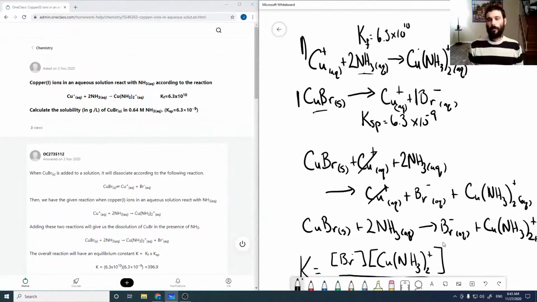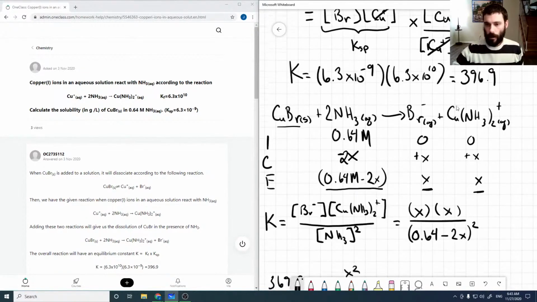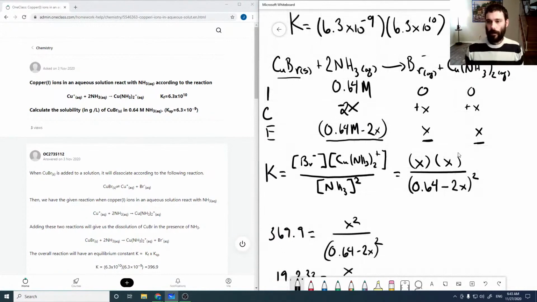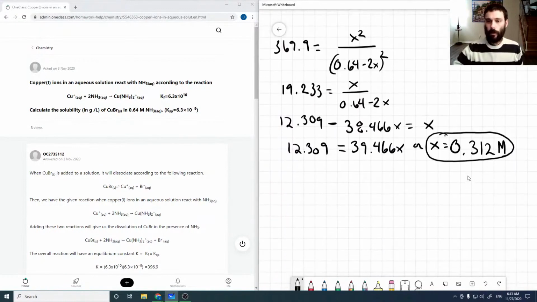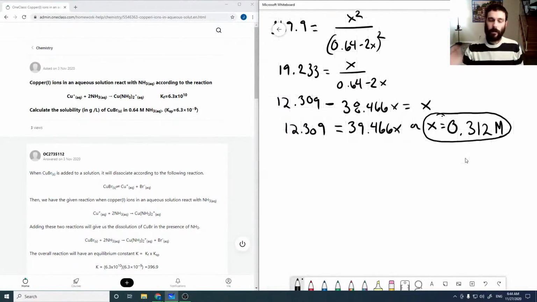So however many moles of bromine we have in the end is the amount of moles of copper bromide that go into solution. So X is exactly equal to the amount of bromine, and so X is also equal to the molar amount of our copper bromide.